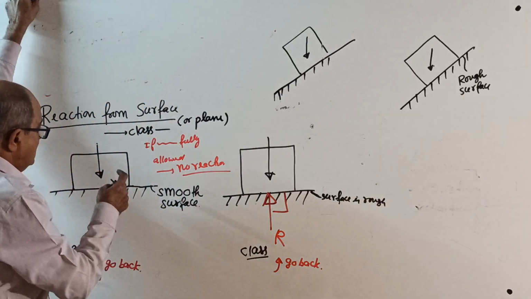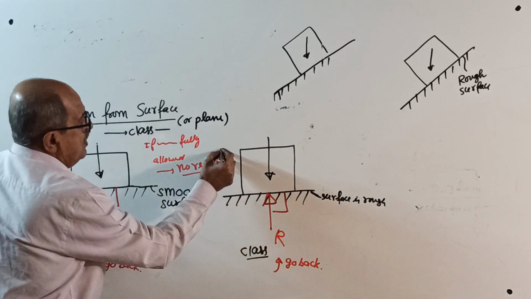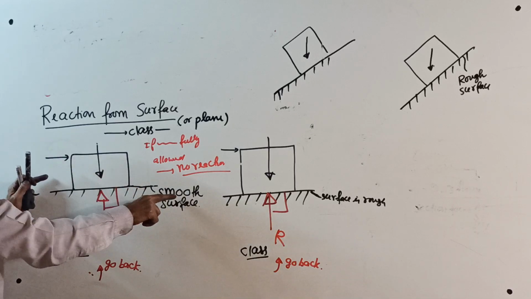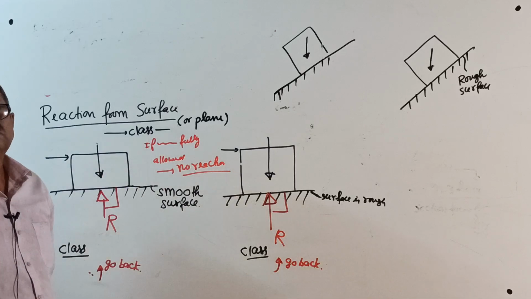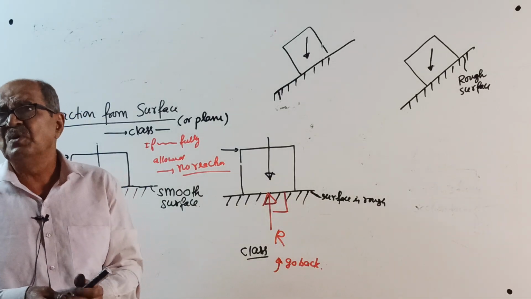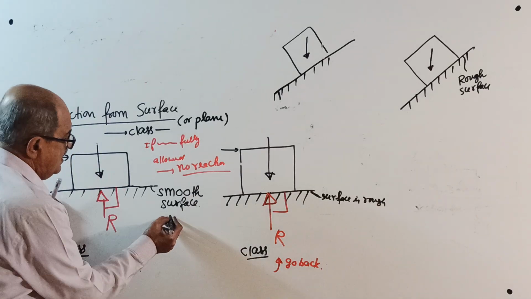Now, suppose you apply a horizontal force. This surface being smooth, when you apply horizontal force, this surface cannot balance it. Smooth means what? No friction. You can write here, smooth means no friction.